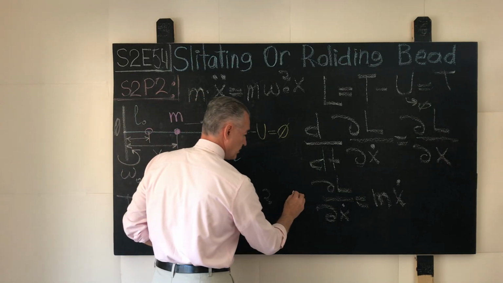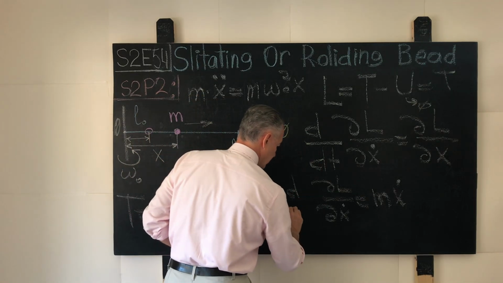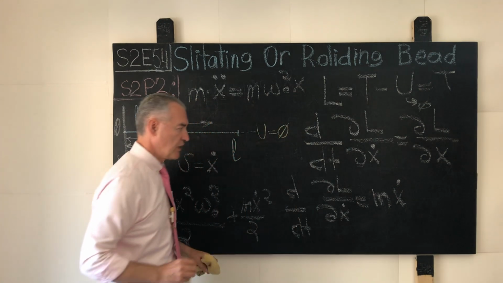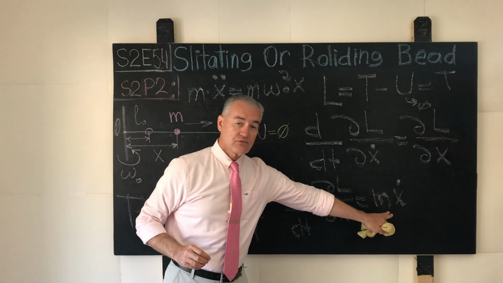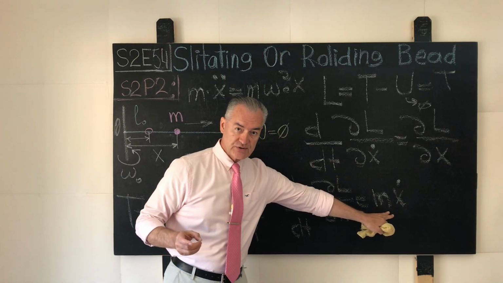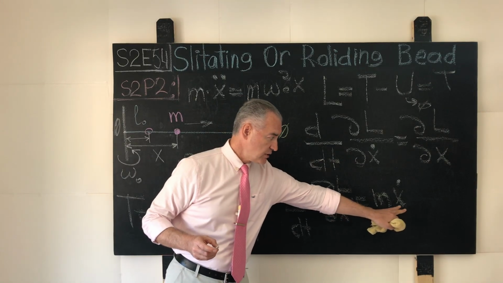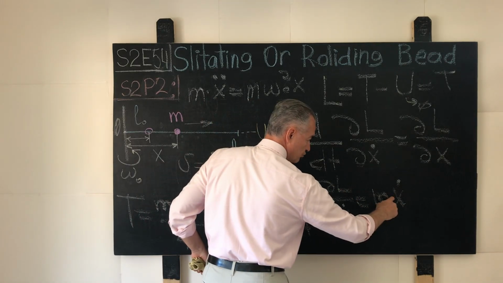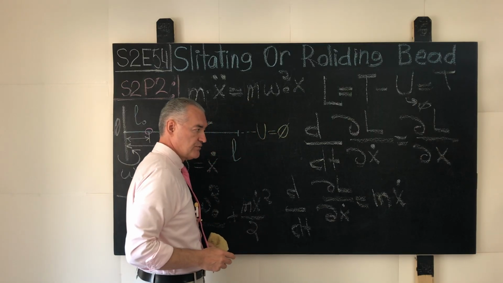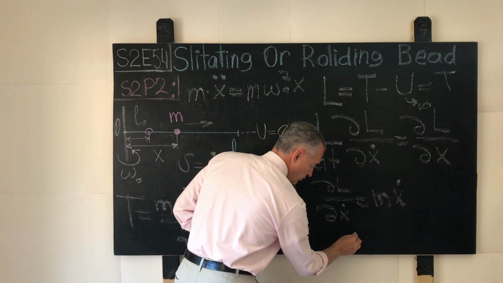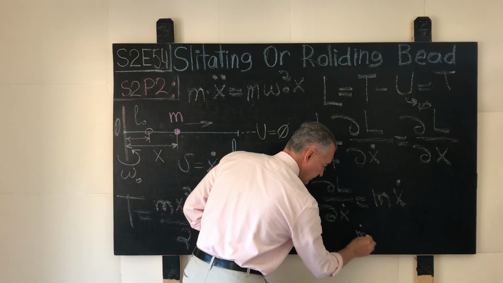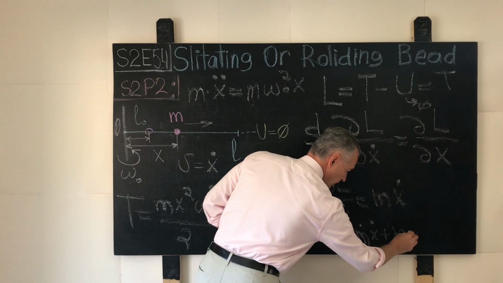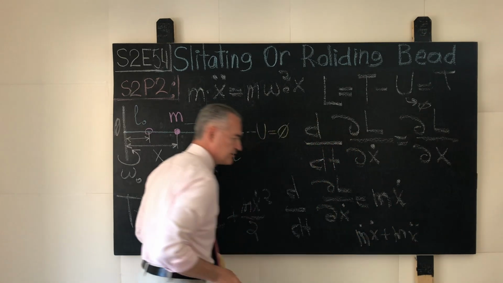And if we take the first full derivative of this result over time, what will we have? Well, theoretically, we have a product of two functions, a function called m and a function called x dot. So by the rule of computing the derivative of a product, we will have m dot times x dot plus m x double dot for the second derivative.